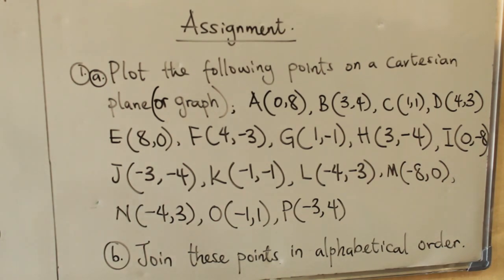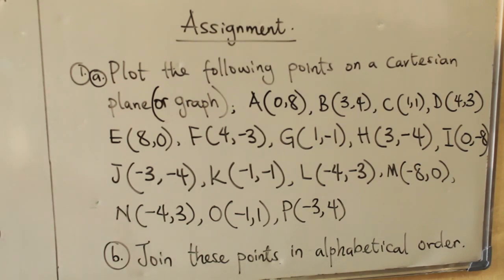Point A is (0, 8). It means you're going to have some space so you can accommodate the 8th value on the y-axis. Point B is (3, 4). Point C is (1, 1). Point D is (4, 3). Point E is (8, 0).